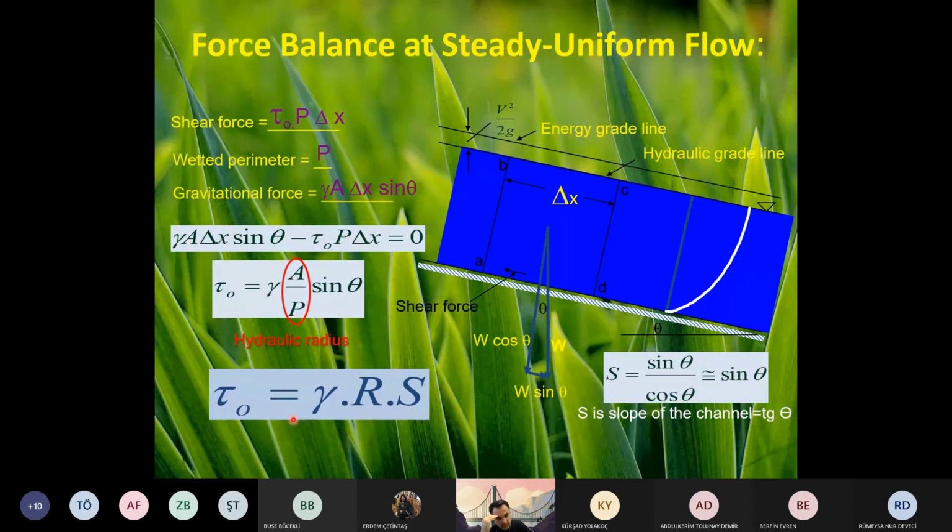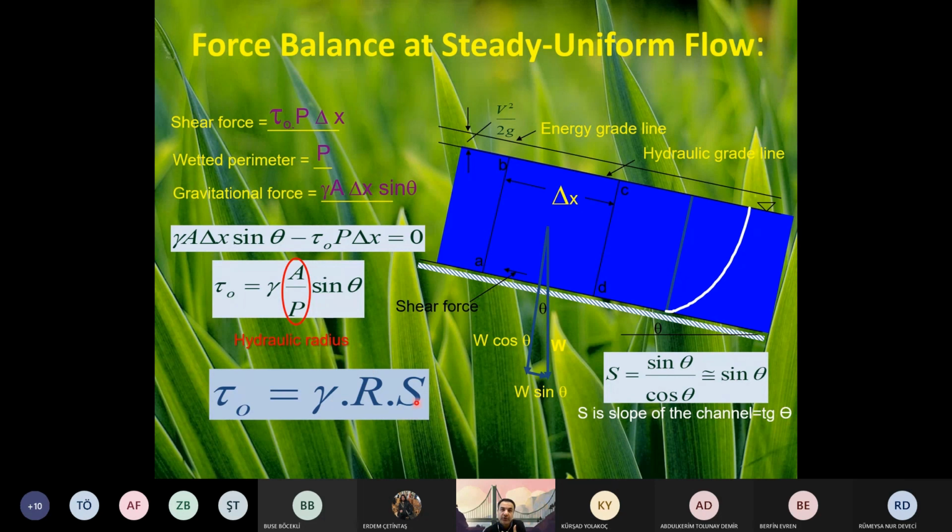Tau is shear stress in natural channels when the flow is uniform. Never forget our first assumption for uniform flow. Tau equals gamma, water characteristics, density of water, R, cross-sectional characteristics, S, slope characteristics.